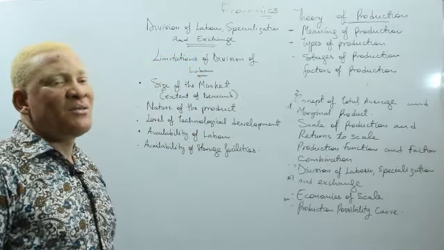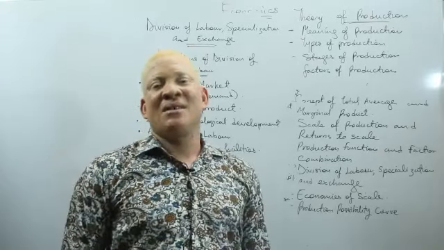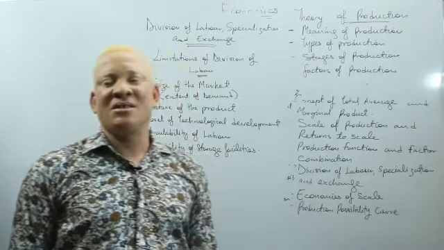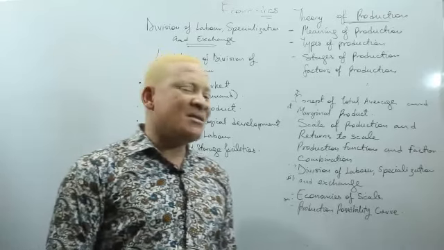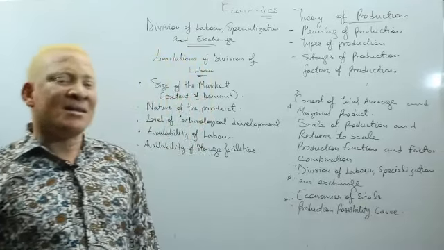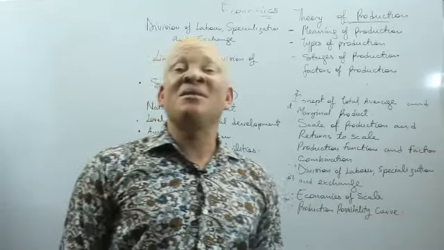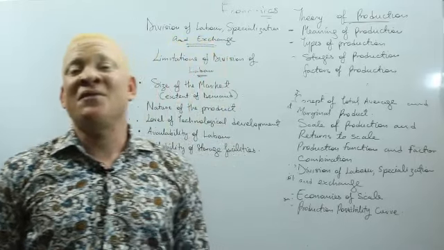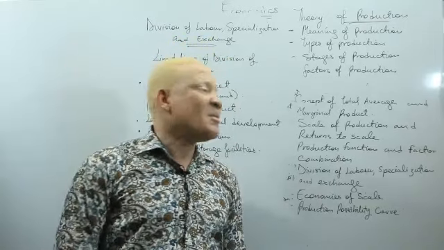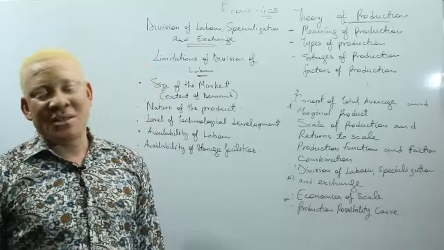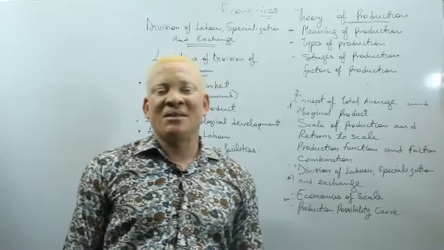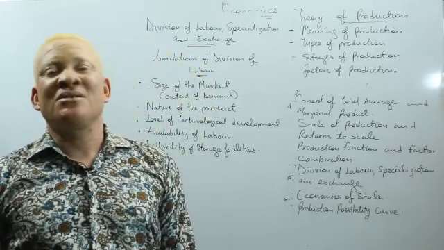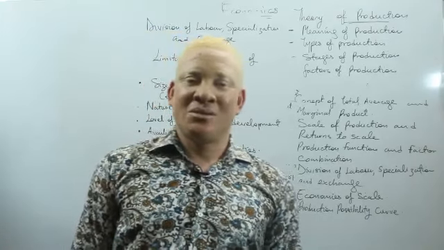This would either lead to difficulties in the use of technology or encourage it. When there's high technological development, division of labor could be applied favorably and conveniently. But where technological development is low, division of labor application will be slow or low.